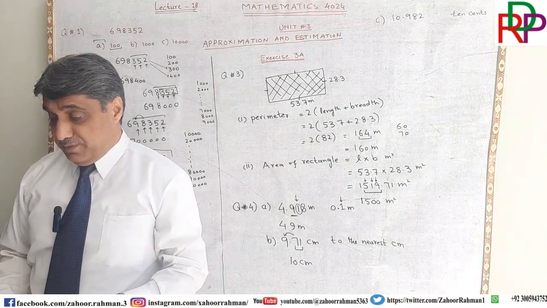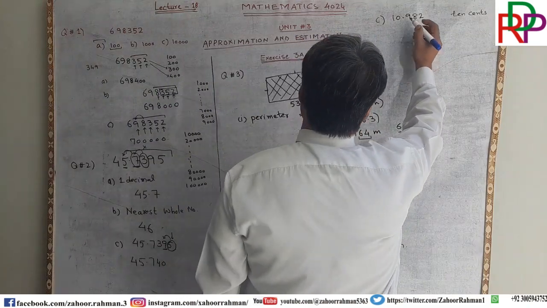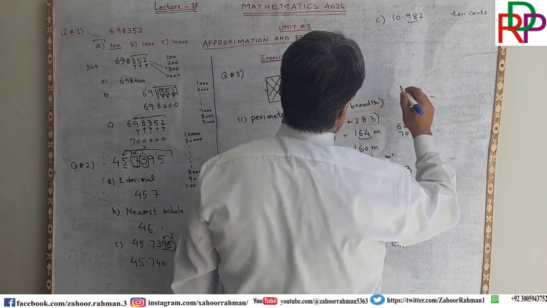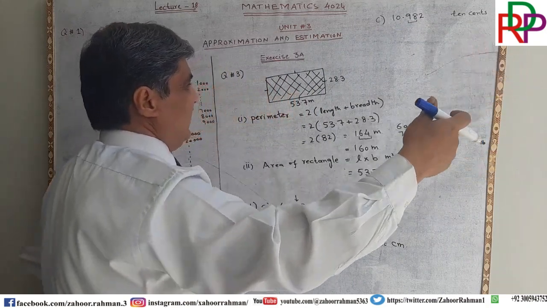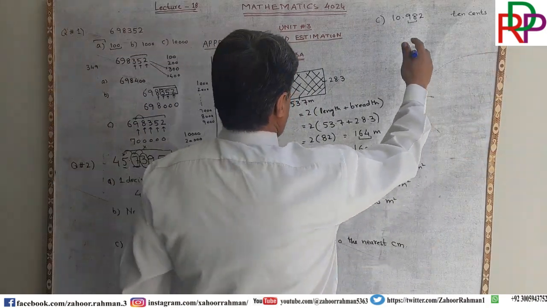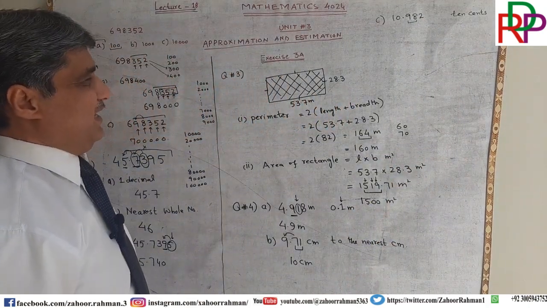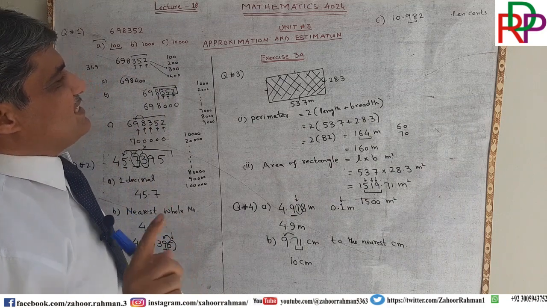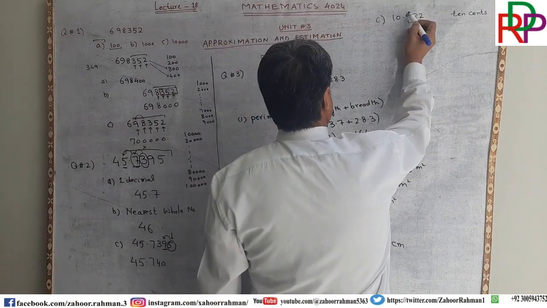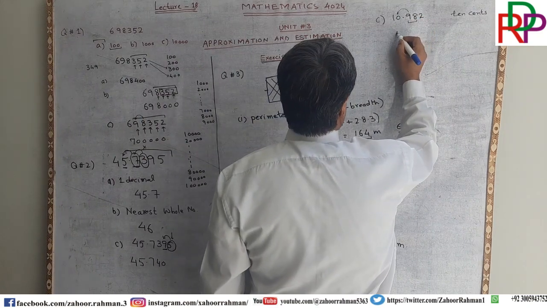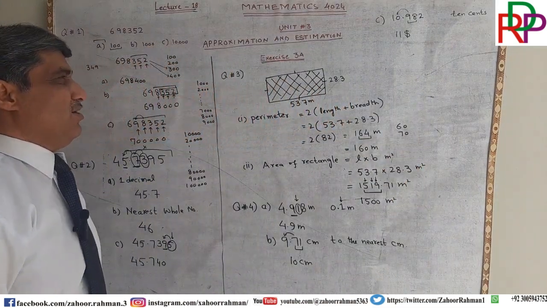So these are dollars and these are cents. Because 98 is nearly 100 and 100 cents are equal to $1, this will give 1 to the 0 and as a result we will get $11.